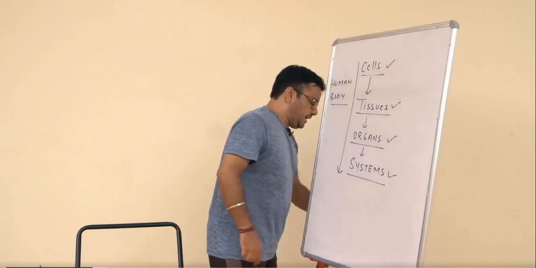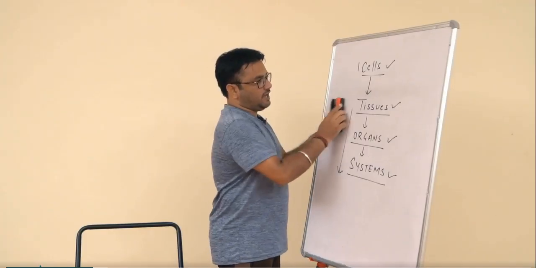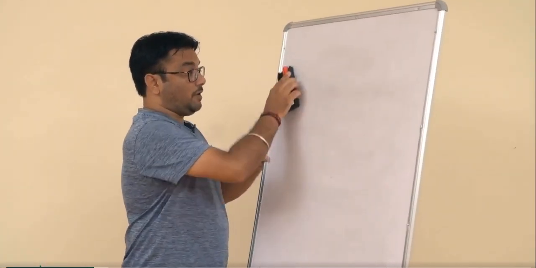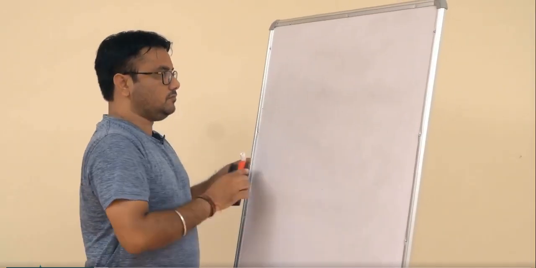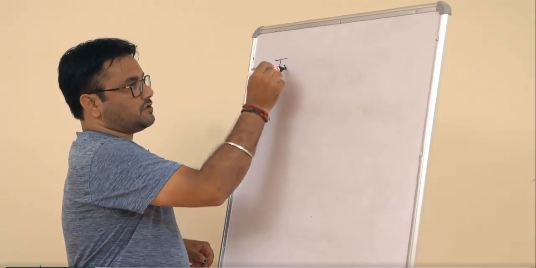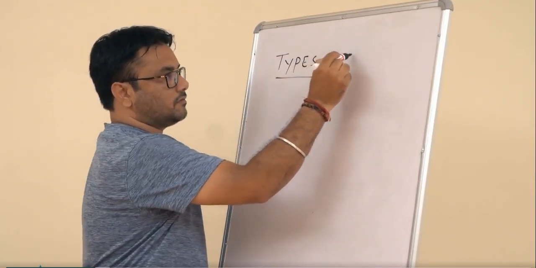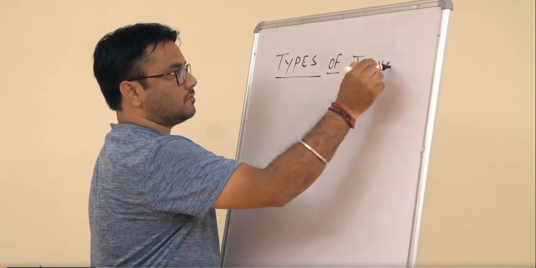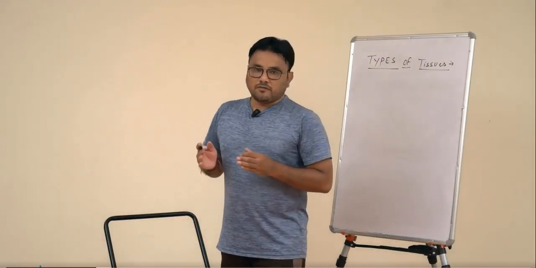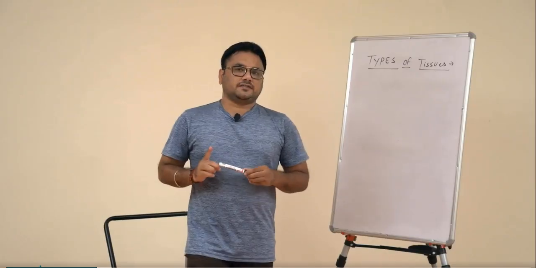So now we have different types of tissues, right? It's not only one tissue we have, we have a category, a classification of the tissues. So types of tissues, this is the next question. We have 4 main categories.